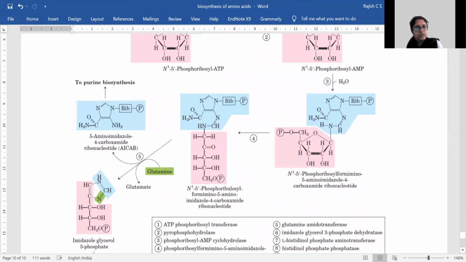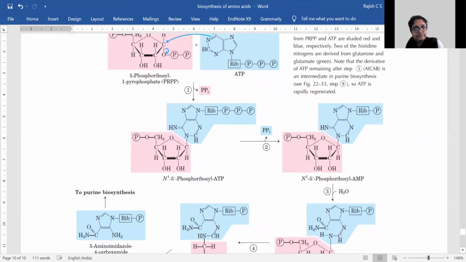Once pyrophosphohydrolase removes this pyrophosphate, if the pyrophosphate is removed from ATP, it's AMP. So we will have phosphoribosyl AMP.